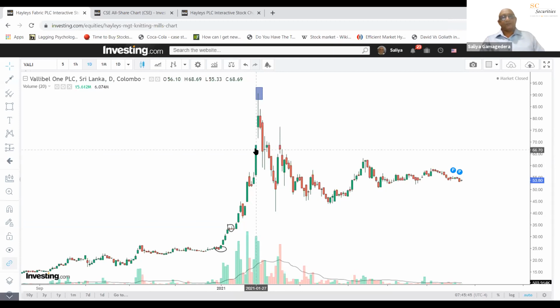But still the top of the body, which is a bullish candle where the color is green, tells us that this top of the body is the high and the close as well.